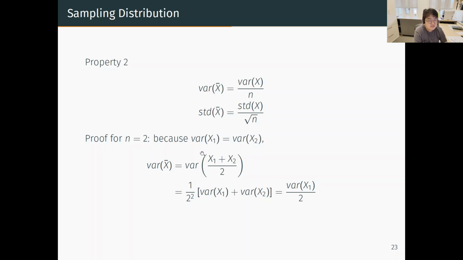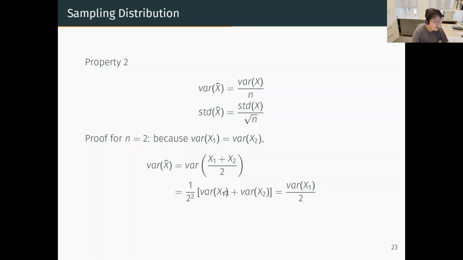The idea is, remember, the variance includes a step where you square the deviations, right? Everything is squared inside the variance. So this divided by 2 is already squared. We learned this in chapter 4, you may remember.